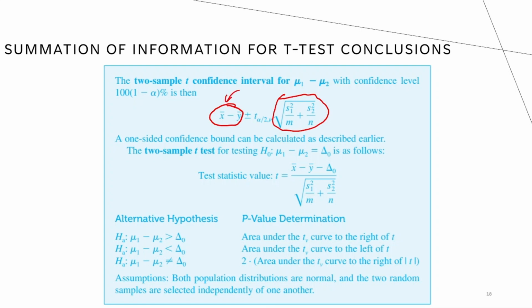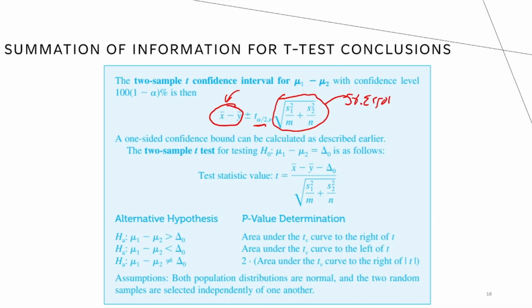This would be our point estimator that we're building the confidence interval around. This is our standard error, and this is our critical value based on the significance that we're giving the confidence interval.